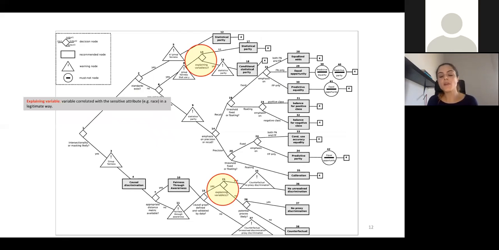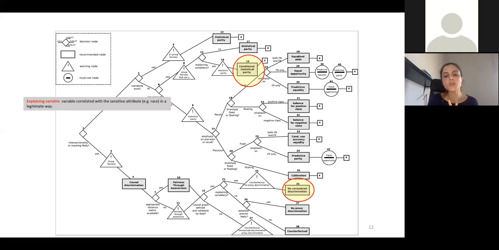Now, at this level of the path in the diagram, in case explaining variables exist in the data set, conditional statistical parity and no unresolved discrimination are suitable to use, depending on whether we are dealing with group fairness notions or individual fairness notions.